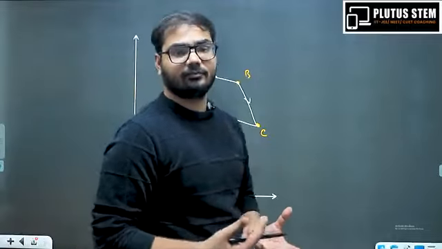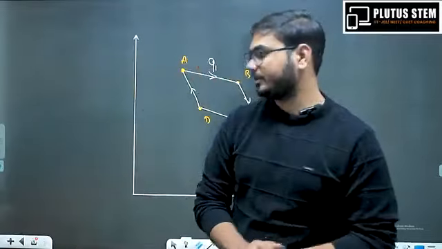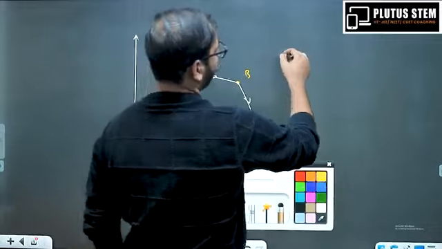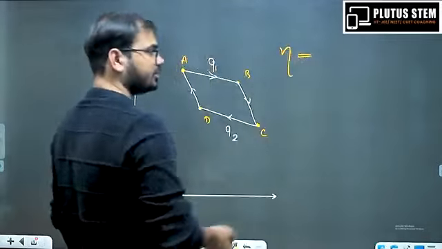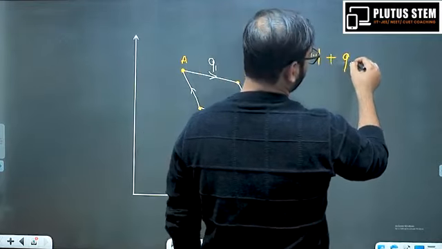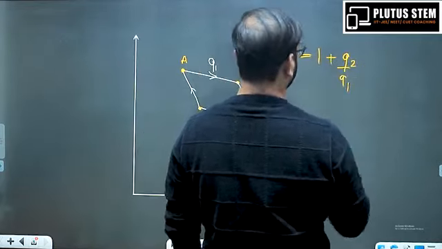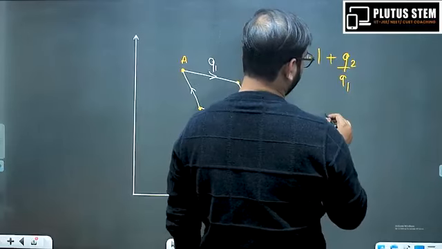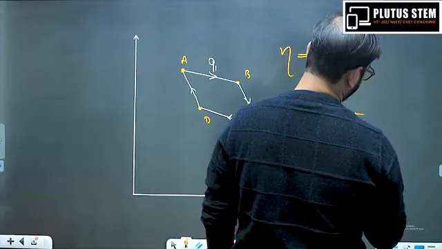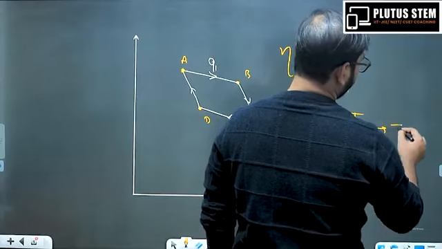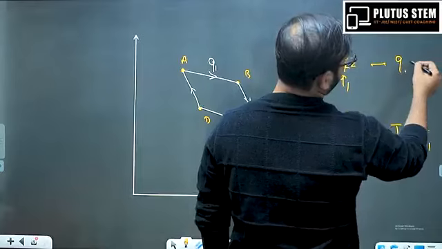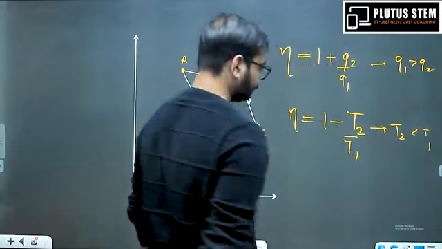As per the Carnot cycle, the efficiency of any system, eta, is given by 1 plus Q2 by Q1, or in terms of temperature, eta equals 1 minus T2 by T1, where T2 is lesser than T1 and Q1 is greater than Q2.